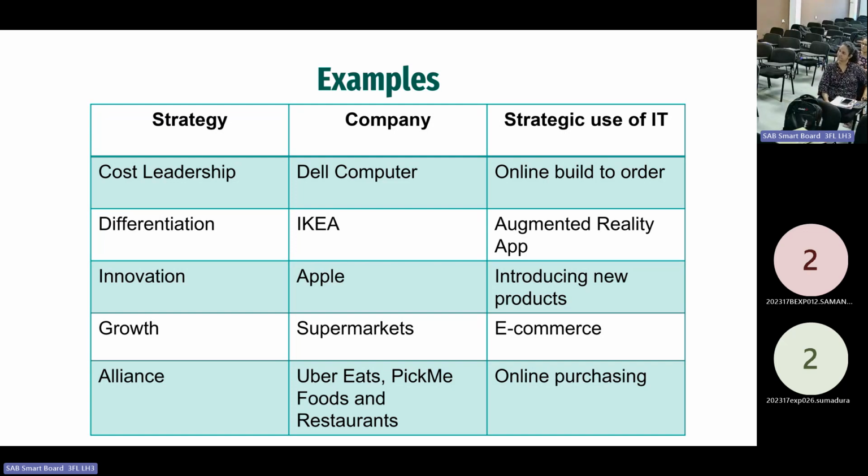They are delivering food, so we can order online and the food will be delivered. These transportation services have partnered with the hotels and restaurants, the food shops. So now it's a win-win situation for both. Uber and Pick-me get additional profit. Earlier it was only transportation, the vehicles they had, but now through delivering they also get a charge.